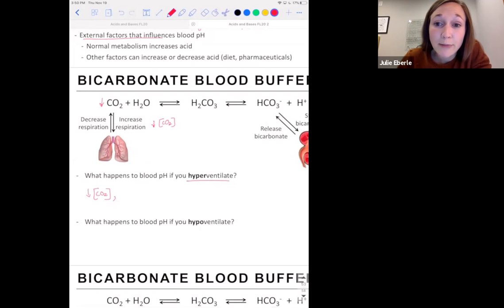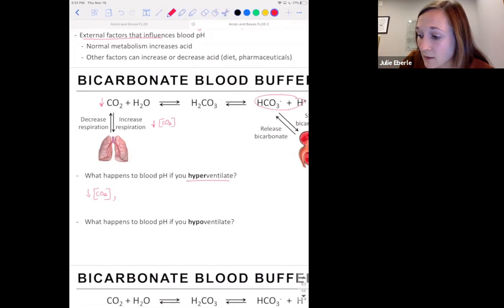It will shift to replace the thing we're taking away. So it wants to make more CO2, and the way you make more CO2 is you react these things together, make more of this, and shift everything this way. So equilibrium will shift left.